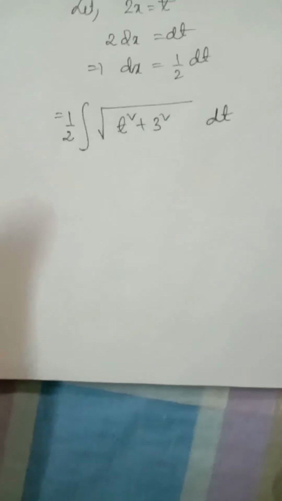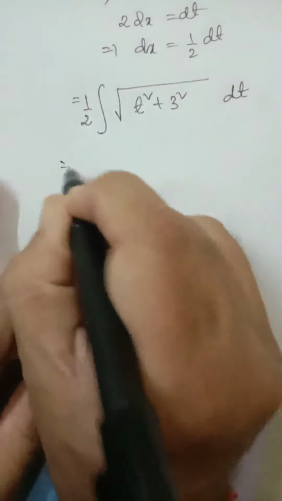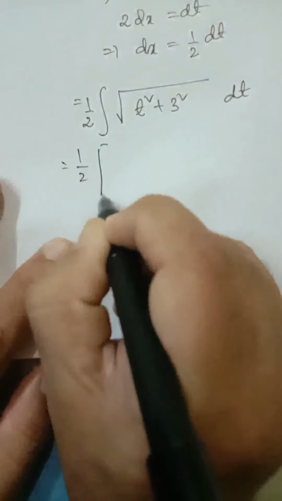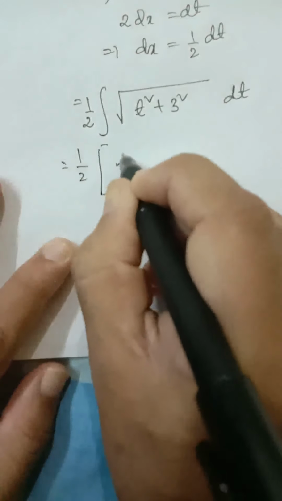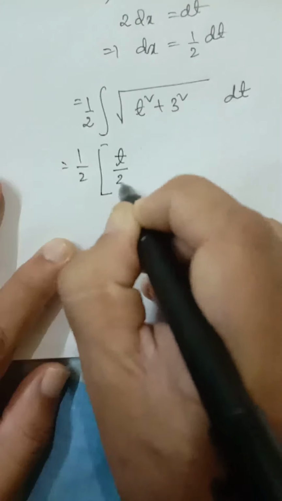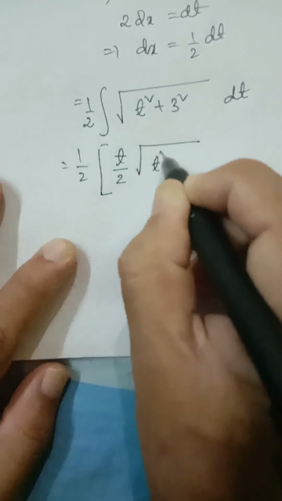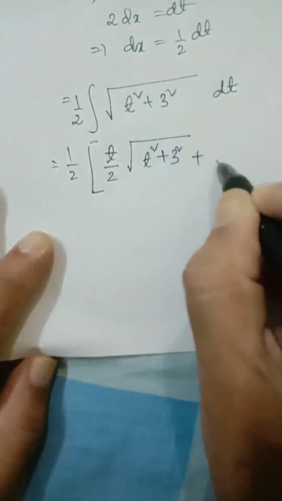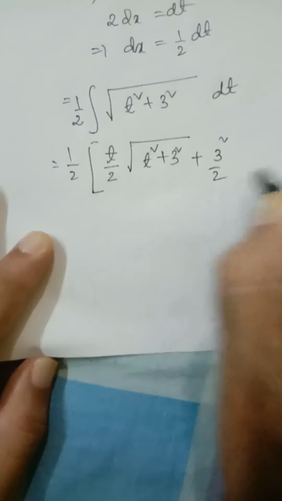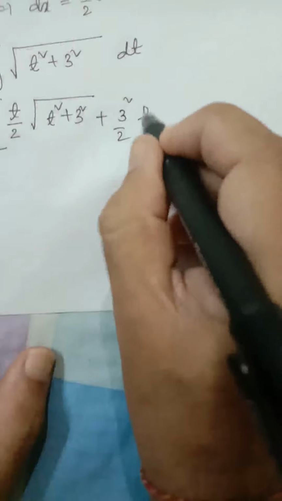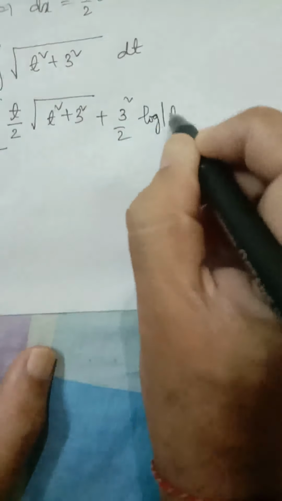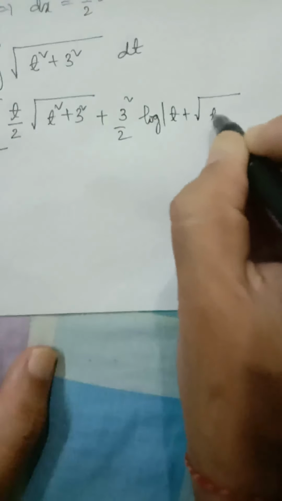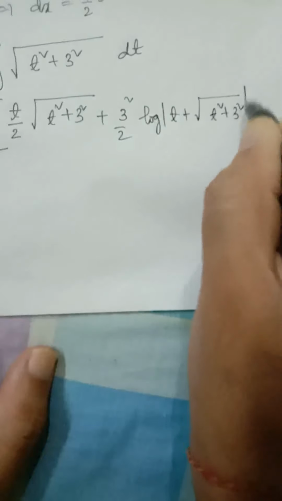Applying this special integral, we get t by 2 into root over t square plus 3 square plus 3 square by 2 log of t plus root over t square plus 3 square plus c.